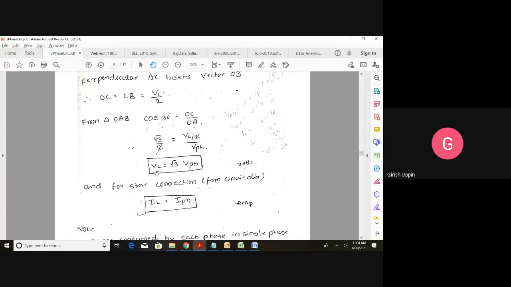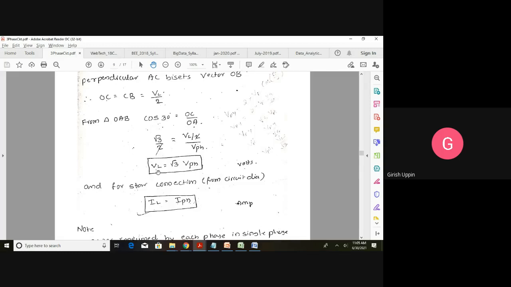So what is the relation? VL is equal to root 3 times V phase. So line voltage is equal to root 3 times the phase voltage. This is the relation between the phase and the line voltages in case of a star connected load.